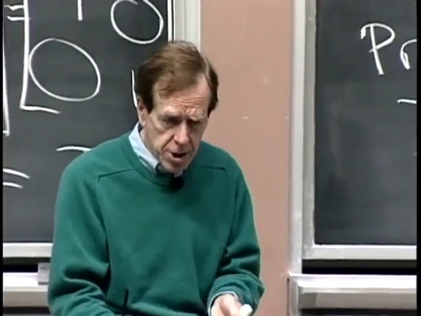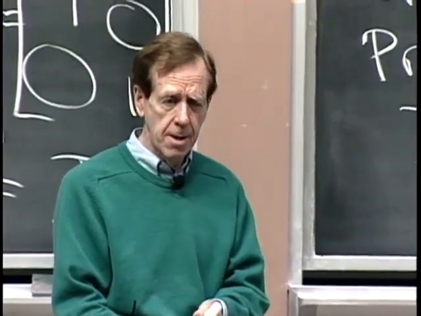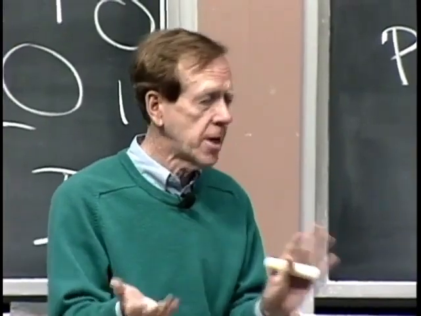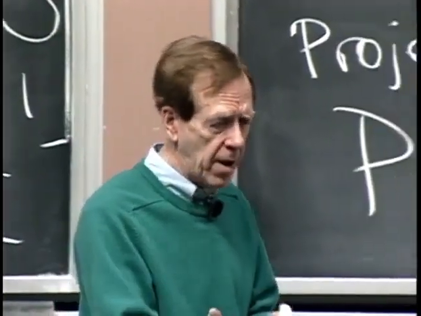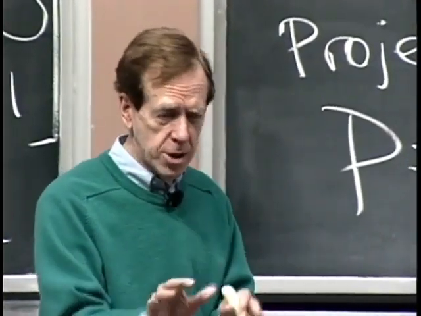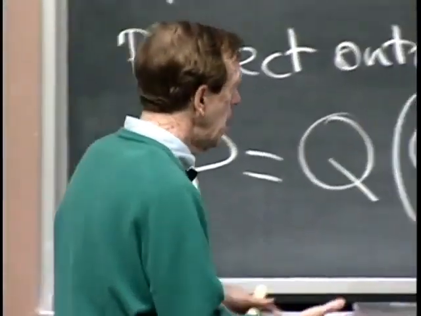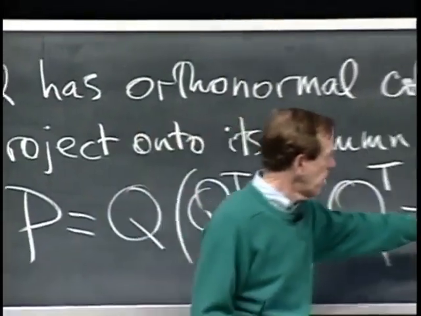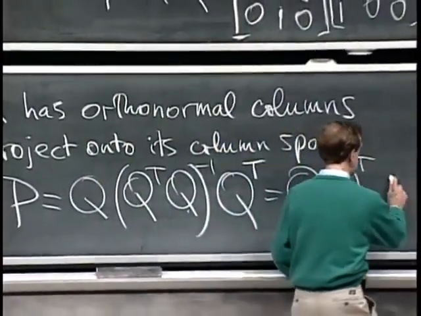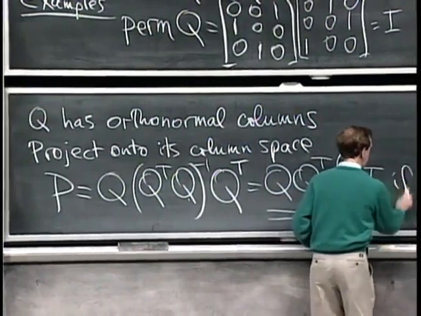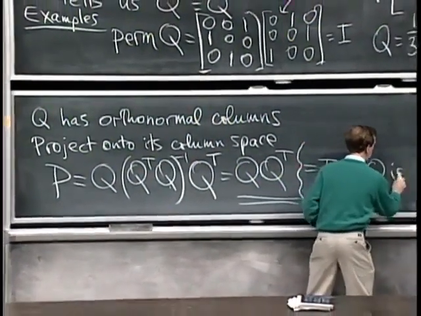And what's the projection matrix onto the whole space? The identity matrix. If I'm projecting in the whole space, every vector B is right where it's supposed to be, and I don't have to move it by projection. So this will be I. This is, I'll put in parentheses, this is I if Q is square.